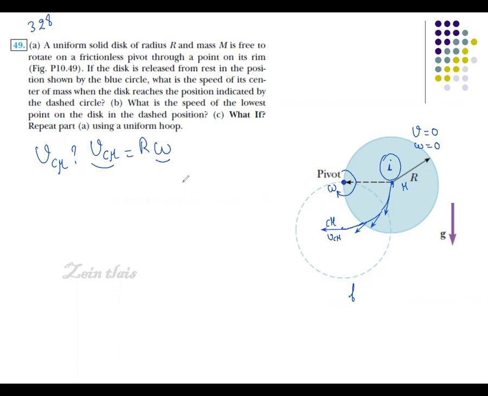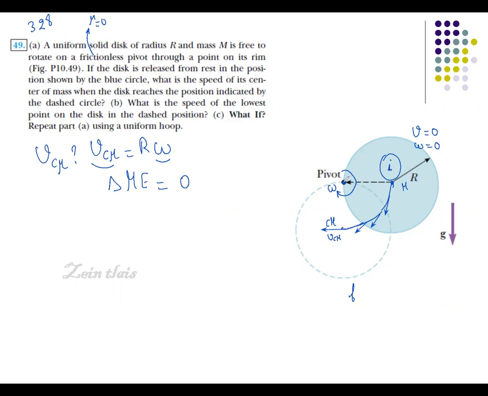I told you before, if you want to calculate V or omega, you can apply the conservation of mechanical energy. Delta mechanical energy equals 0. If we have friction, we have to put the work of friction; if we don't have friction, it equals 0. Here we have a frictionless pivot, so mu equals 0 between the axis and the object.